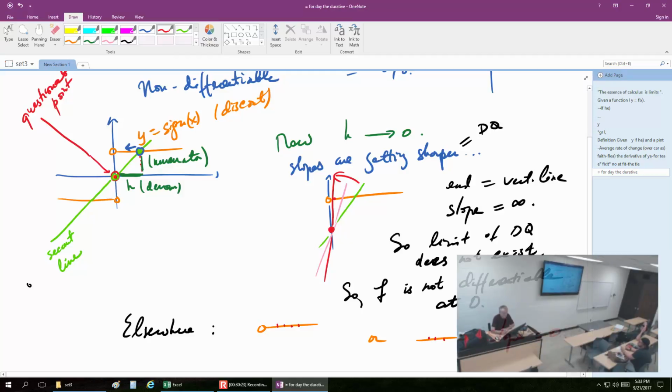So the function is fine elsewhere, and the function is differentiable. The derivative is 0 there, and it's undefined at 0. The original function is defined at 0, in spite of its discontinuity. The derivative will look like this: 0 everywhere, except there's a gap in the domain at 0. So that's differentiability versus non-differentiability, but this was a little bit of cheating.